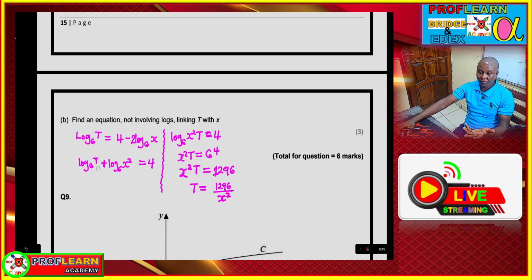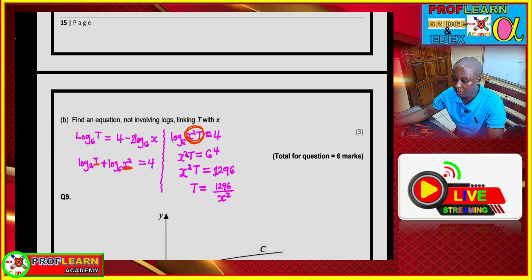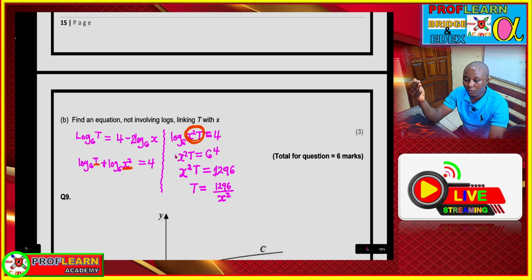Now if you have this, we can reduce it to a single log, and whenever you are reducing to a single log, you multiply the values or variables that are inside the logs. This one and this one are going to be multiplied. That's why we can see we are having x squared t. So with that, we shall say it's equal to 4.